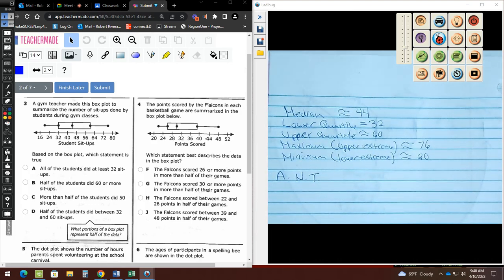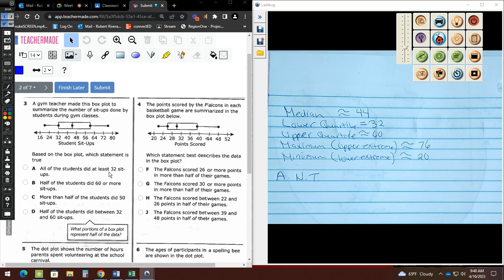Why is it false? We had kids that did not do at least 32. We had kids that were over here. You see these kids? This 25% of the kids did not even get to 32. They fell between about 20 and 32. You know what at least means?